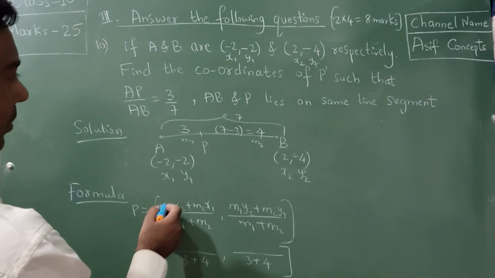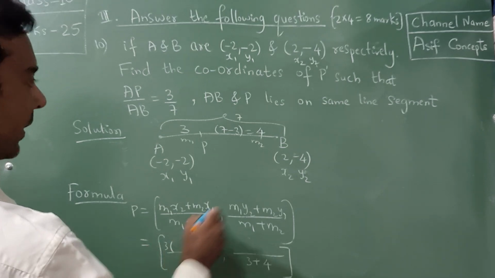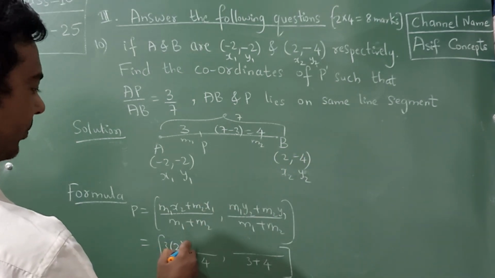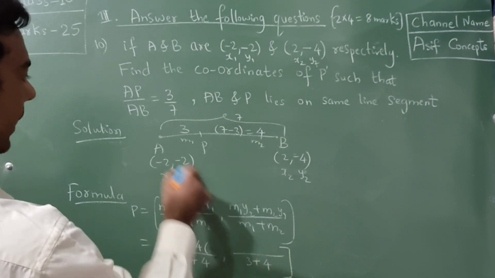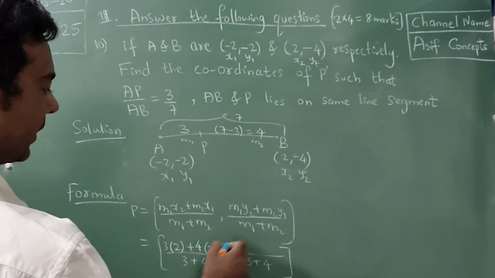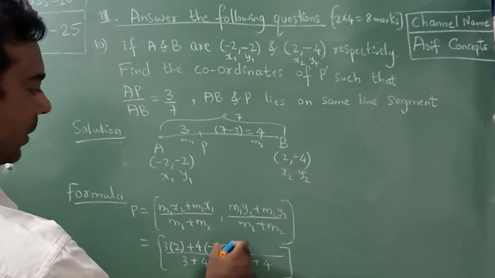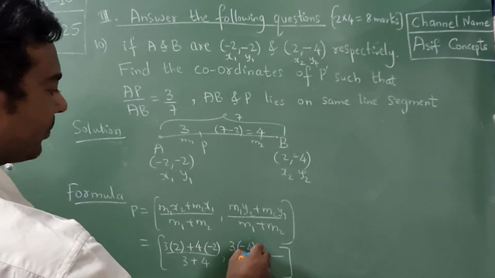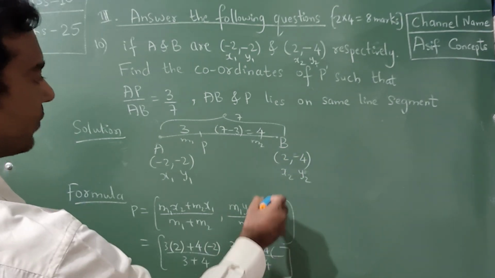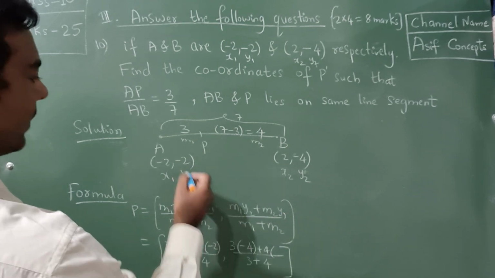Okay. Now M1 is 3, x2 is 2, M2 is 4, x1 is minus 2 and M1 is 3 again, y2 is minus 4, M2 is 4 and y1 is minus 2.